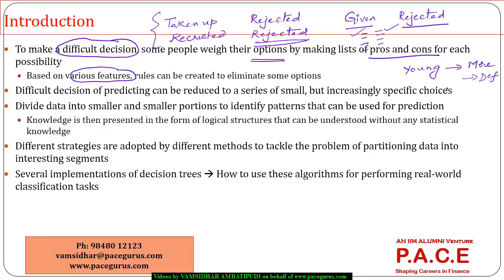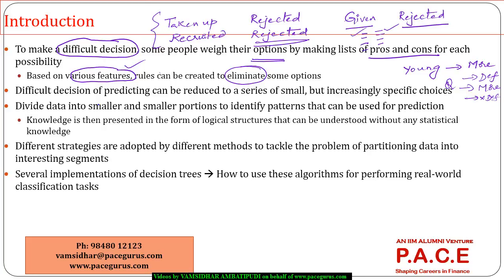Or he is a very highly qualified guy, so he must be earning more, so he will not default. So I am trying to look at different kinds of features which will say he might default or he might not default. And based on that, I am eliminating some of the options, I am shortlisting some of the options, and based on that, I might end up taking my decision.